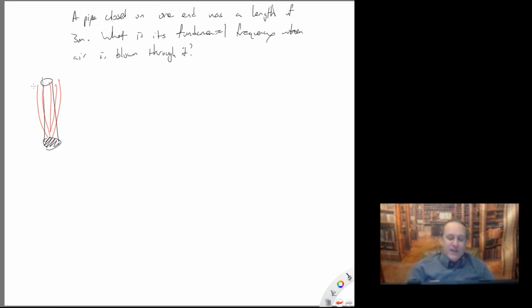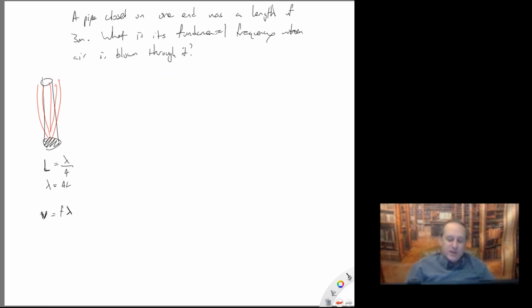And that means that the length is just 1/4 of the wavelength, and the wavelength is 4 times the length. So we want to know the fundamental frequency, and we know that the velocity equals frequency times wavelength.